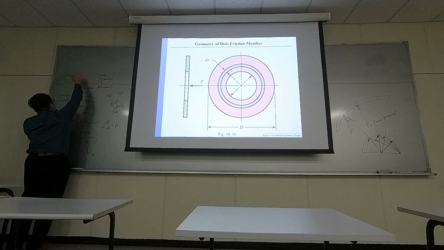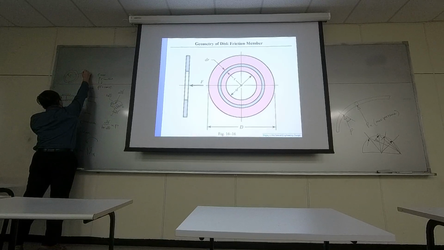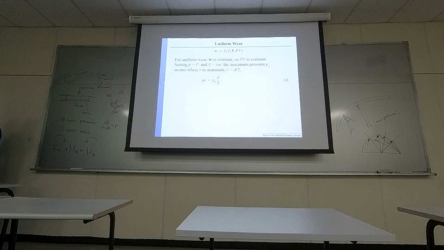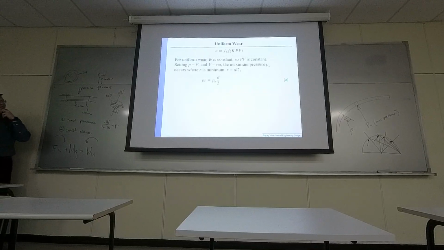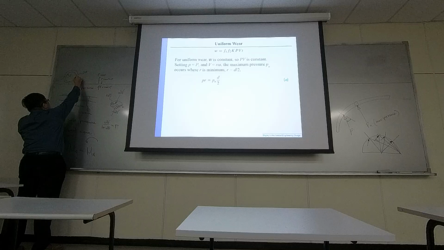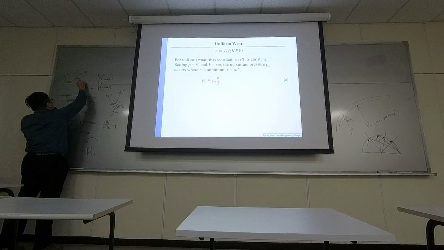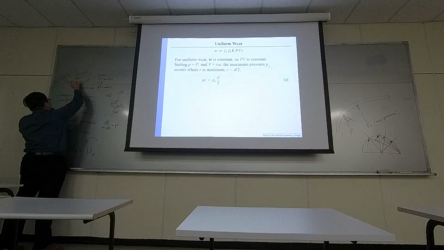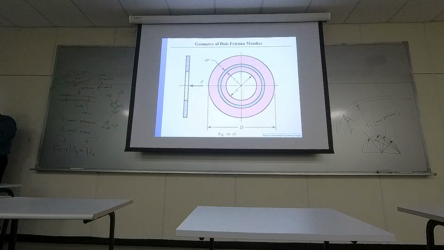The total arc length would be 2 pi r, right? So you will have 2 pi r here. And if you multiply by the thickness, this is dr. So 2 pi r multiplied by dr would be dA, the area of the ring.